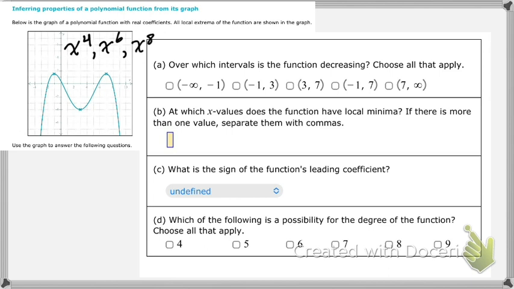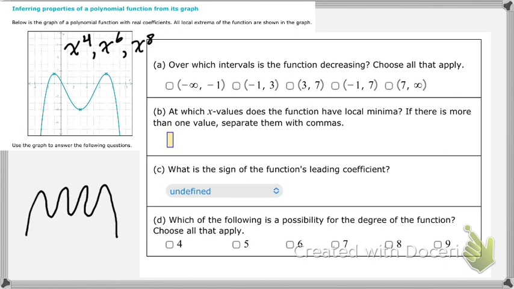Because any degree polynomial has a maximum number of changes in direction, and it could have less. So x to the eighth could look like this: 1, 2, 3, 4, 5, 6, 7. The maximum number of changes in direction is always one less than the exponent.